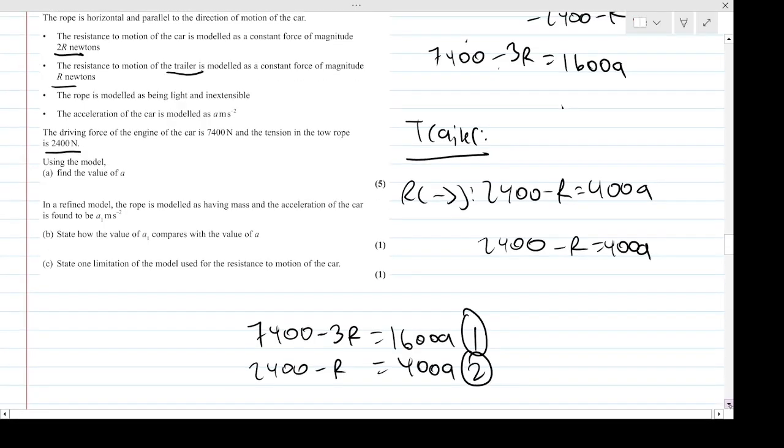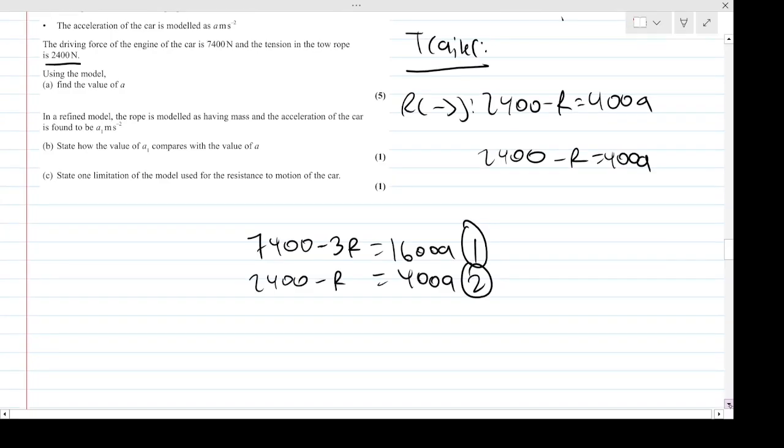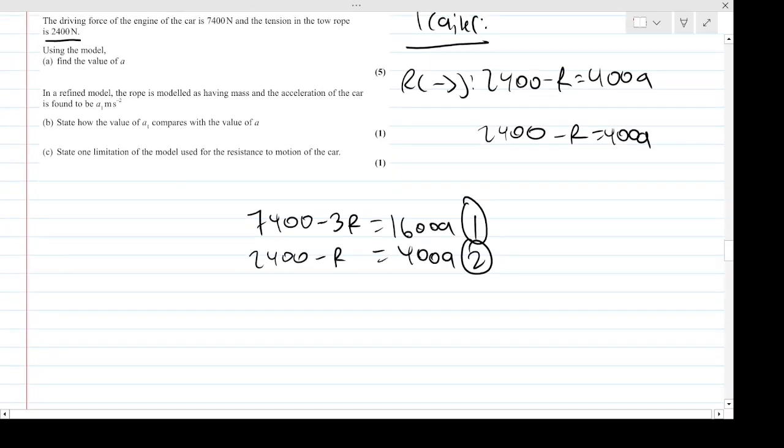So I need to find A, the acceleration. Now I need to solve these simultaneous equations. You can solve them however you want. I would probably exercise some caution with just jumping right into your calculator's solver function without showing any working. It is 5 marks. I don't know. But it doesn't take much work to solve it manually.